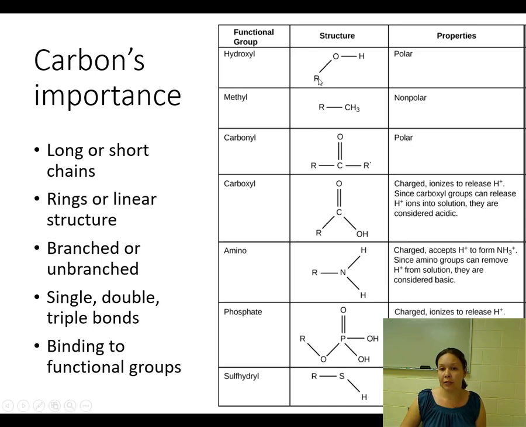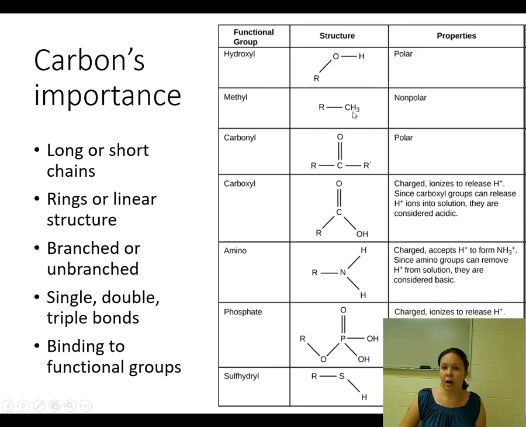Now, this R group doesn't show the complexity of the carbon chain, but we know that this carbon here is actually attached to 3 other things. Here it's just showing the functional group. So the carbon that's attached to an oxygen, which is attached to a hydrogen, and again, hydrogen only forms 1 bond, that's called a hydroxyl group. So wherever you have an OH, we call that a hydroxyl, and that's an alcohol group. It bestows polar properties upon that molecule.